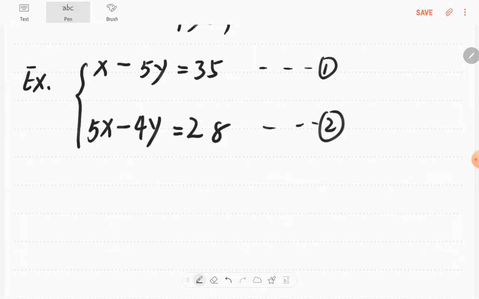So what should we do? Let's observe the coefficients. Here the coefficient of x is 1, and here it is 5. If we multiply equation 1 by negative 5 on both sides, it will not change anything. Then when you add together, you will see the x term will disappear.